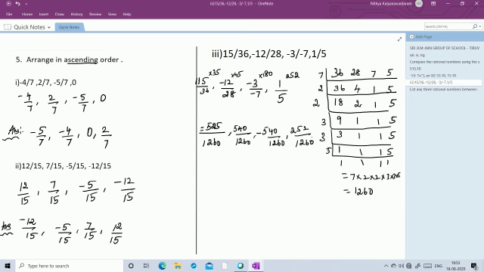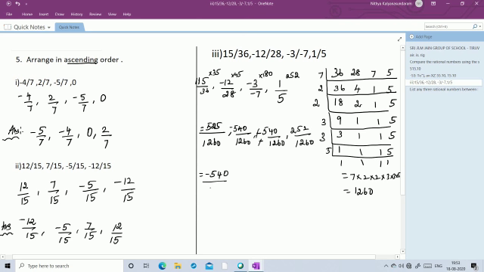So here you want to find the ascending order. Ascending order means you arrange from the smallest to the greatest. So we have two negative numbers, both the same, so you can write minus 540. Here both numerator and denominator are negative, so we can cancel, and that should be positive.